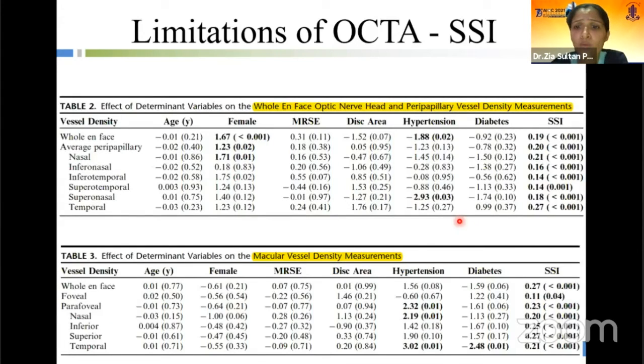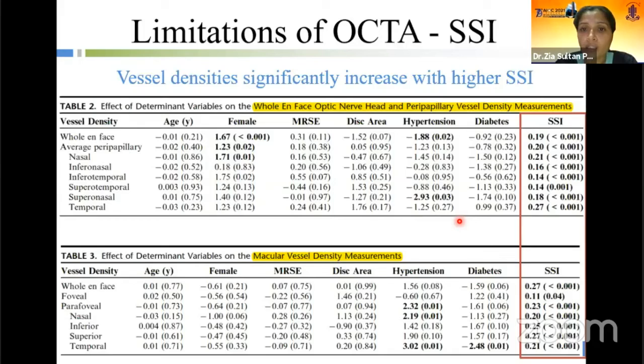What we found is there was some variation with hypertension in one sector or diabetes in another sector, but consistently across all areas, the signal strength index was one of the big determinants of vessel density. That is, if an image had a higher signal strength index, it ended up having a higher vessel density. And this is important because it was across all values of signal strength index.